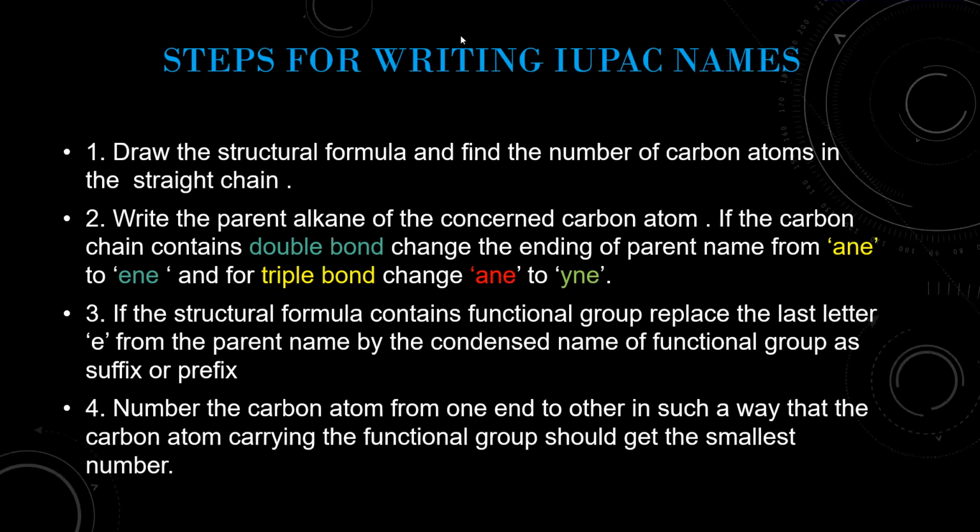We know that if single bond is there, C single bond C, this is what alkanes. Single bond is known as alkane. If double bond is present, then ANE will be replaced by ENE, so it will become alkene.